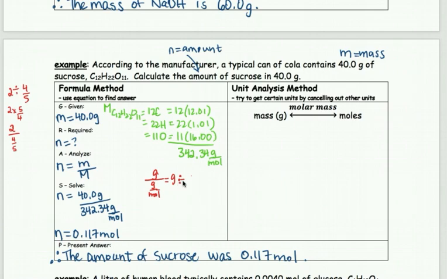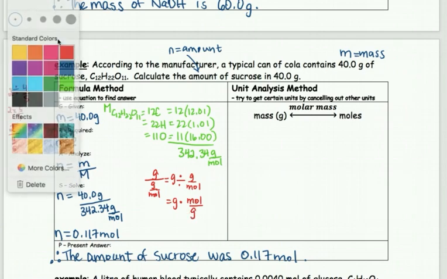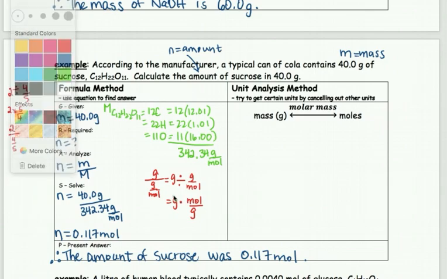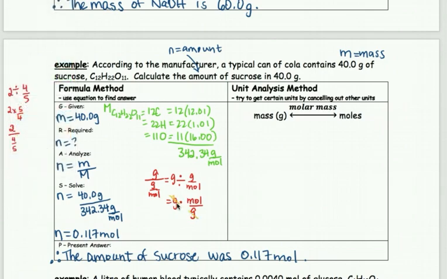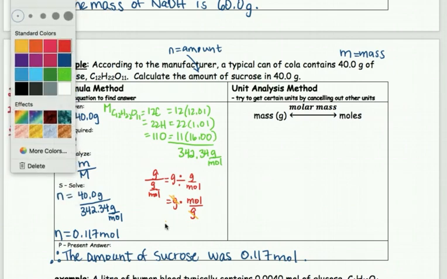So right now we have grams divided by grams per mole. You can't divide fractions, so you're going to multiply and flip the other one. When you do that, see how grams goes to the bottom, and now you can cancel these out, and then you have just moles.